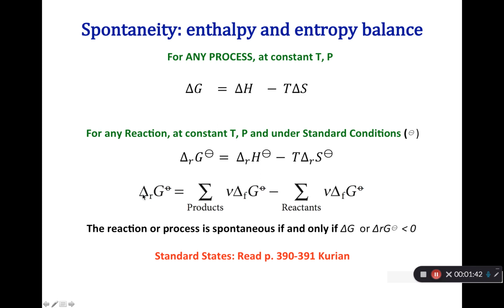To calculate the reaction standard Gibbs free energy, one can use the formula shown here, which says that the standard Gibbs free energy of a reaction is the difference between the standard Gibbs free energy of formation of the products multiplied by their coefficients in the reaction, summed over all the products, minus the sum over all the reactants, the coefficients for the reactants multiplied by the Gibbs free energy of formation of the reactants under standard conditions.